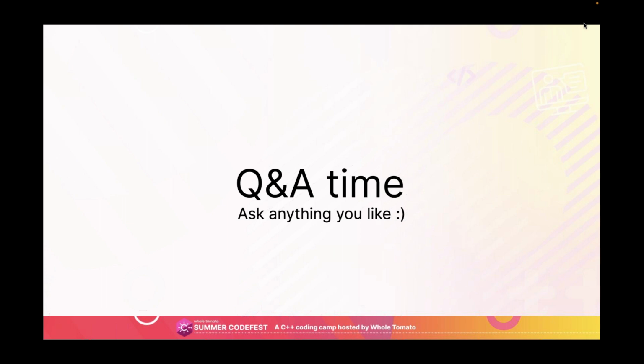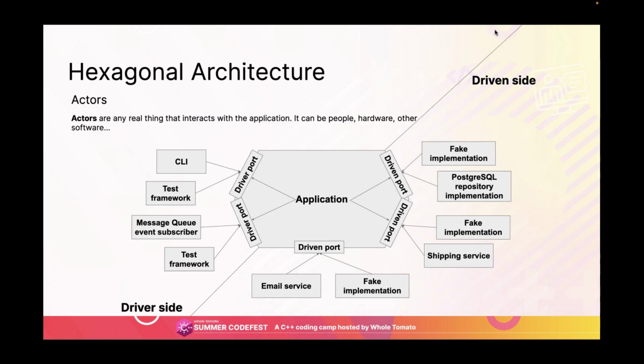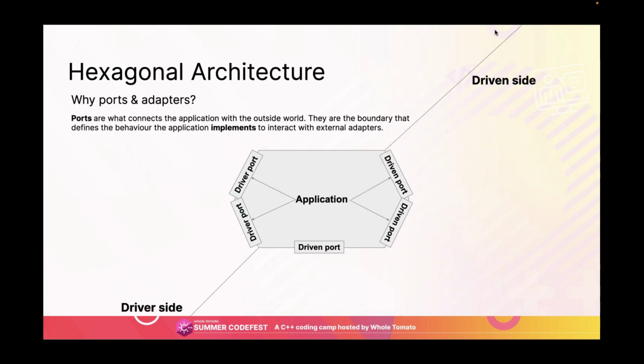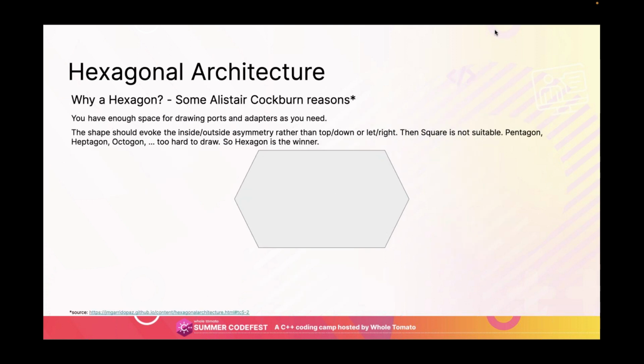So here's one. Someone says this all makes sense, but why hexagonal? It looks like there are two sides, driver and driven, or uses and implements, not six. Okay, there's a slide talking about it, I can go back to it. Here, so there's no particular reason actually.